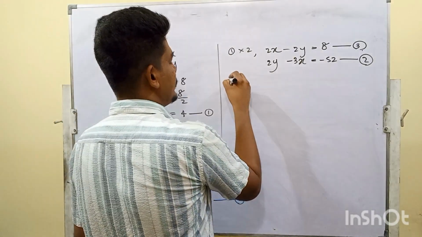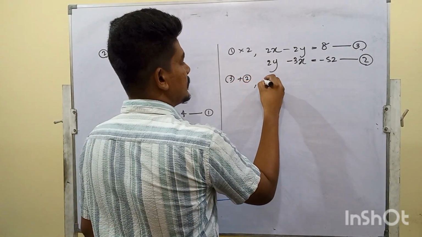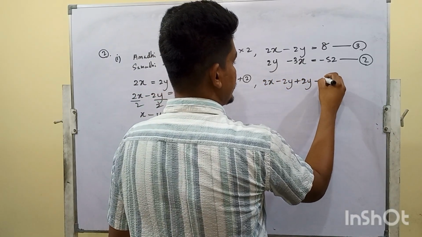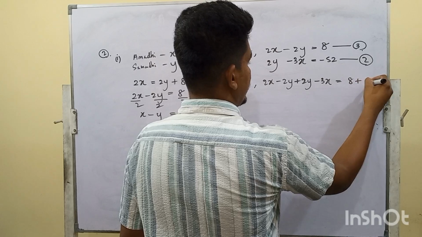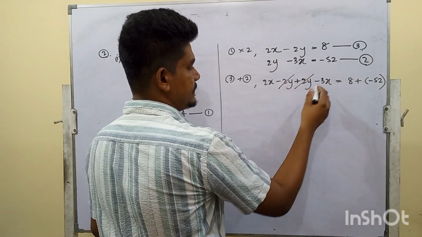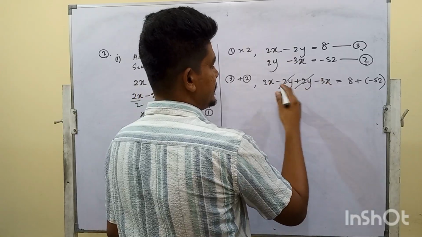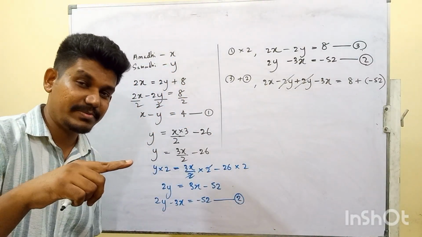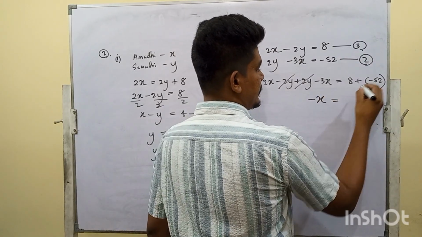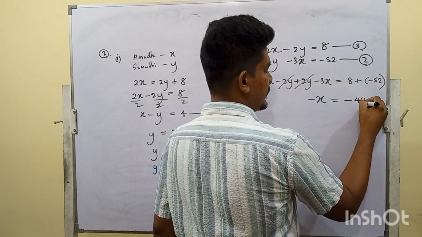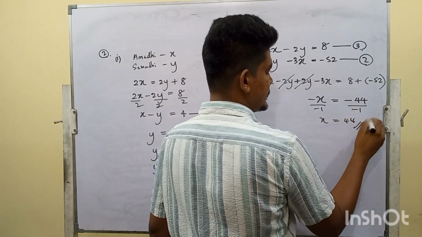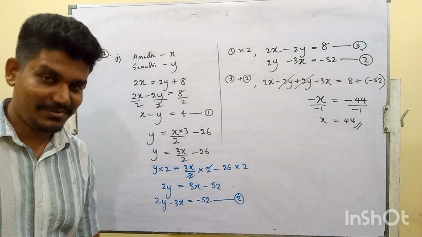We are adding the third equation and the second equation. 2x minus 2y plus 2y minus 3x, 8 plus minus 52. 2y and 2y cancelled. Then this becomes minus 3 plus 2, which becomes minus 1. Directed numbers. Minus 1x equals minus 44. Then once you divide both sides by negative 1, we can make it positive and thereby x equals 44.